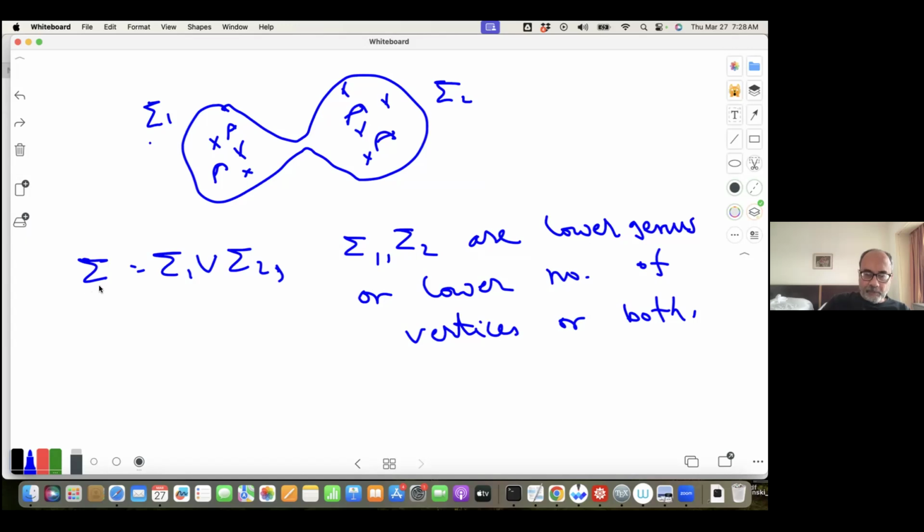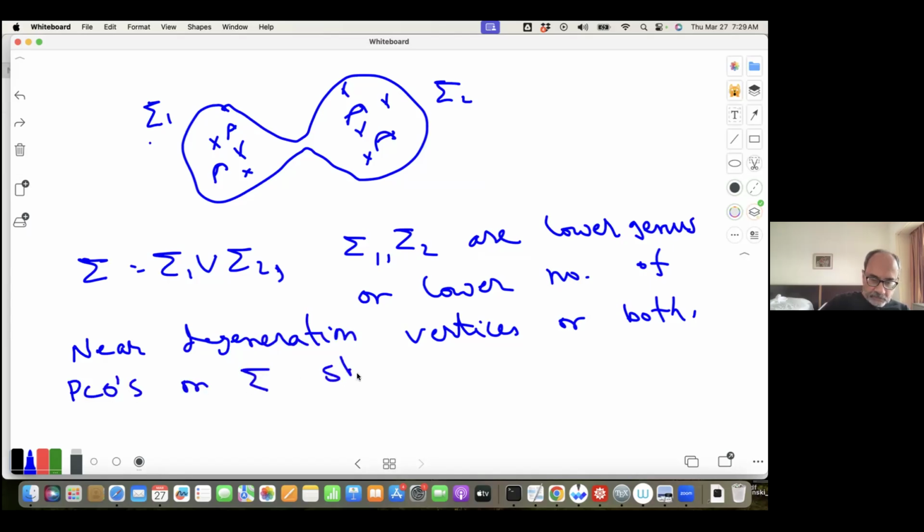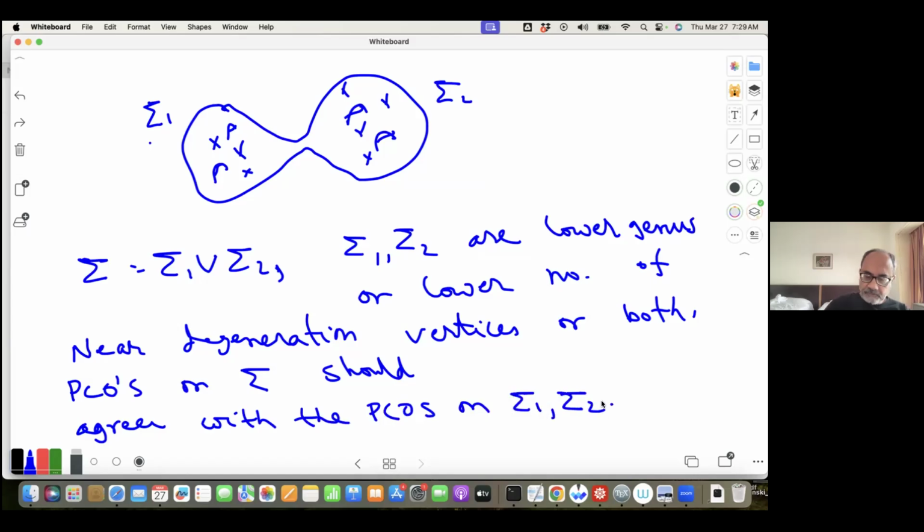But the constraint that you have to place on these choices is that near degeneration, PCOs on sigma should agree with the PCOs on sigma 1 and sigma 2. Is this clear?